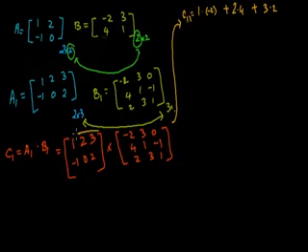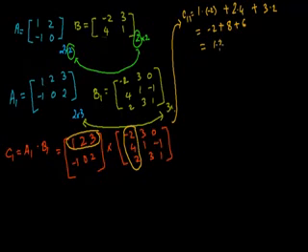This whole row multiplied by this whole column. Yes or no? Now what is that equal to? 1 times minus 2 is minus 2, plus 2 times 4 is 8, plus 3 times 2 is 6. Minus 2 plus 8 is 6, plus 6 is 12. So C11 is 12.